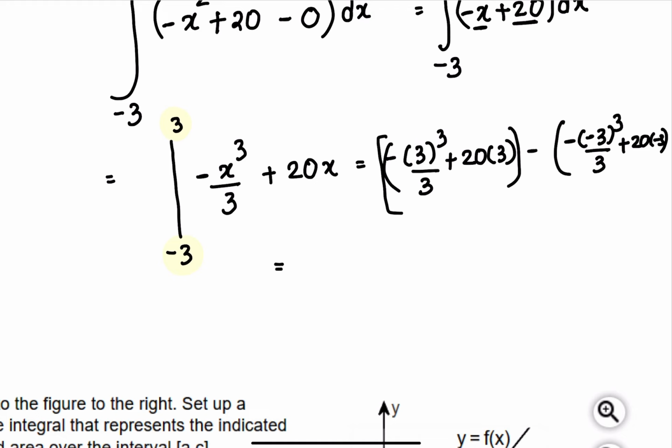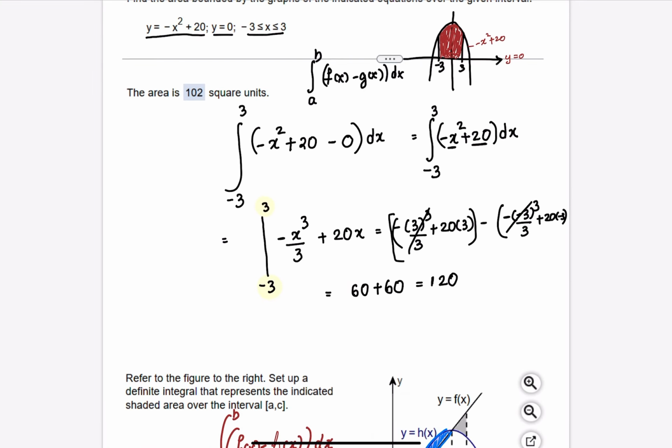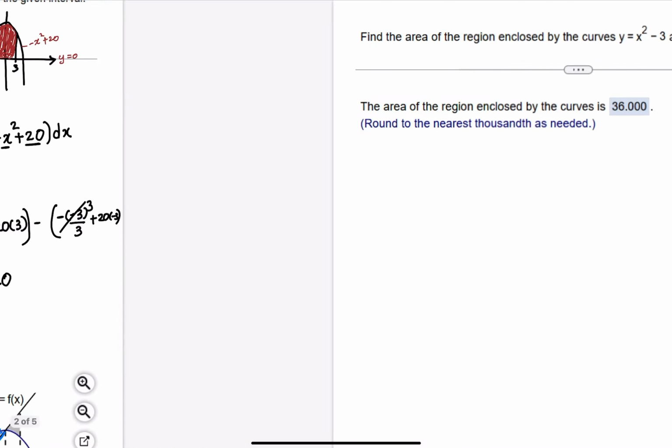And when I go ahead and do that, these two cancel off, and I end up with 60 plus 60, which is 120. And that's exactly what you have, 120 square units. But the key point is you plug in your upper limit minus your lower limit. Okay? All right, now let's go ahead and take a look at the next one.